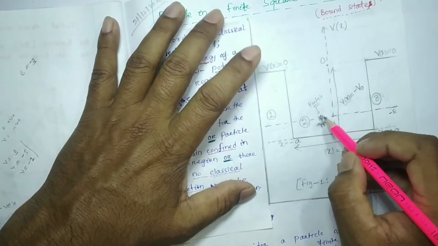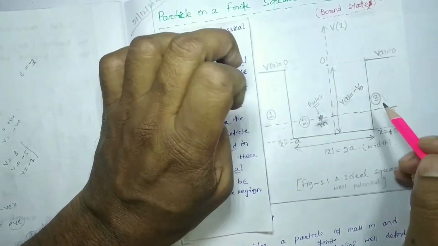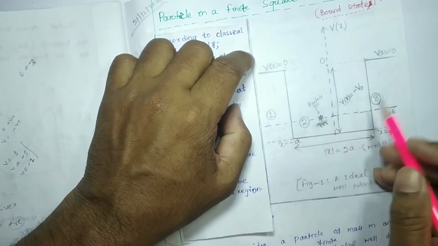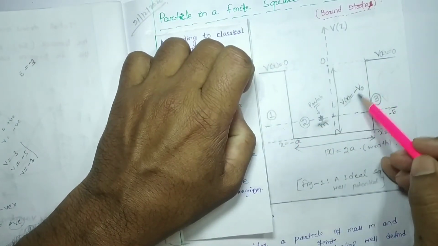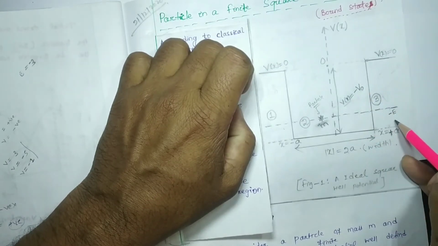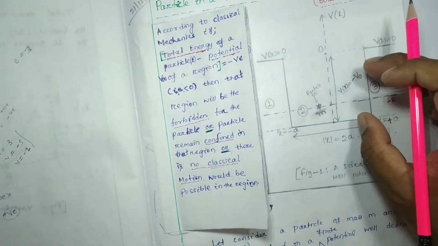This is our particle inside region 2, having total energy this much, which is higher than the potential minus V0, considered as minus E. Okay, so the same thing I have written in the figure here.